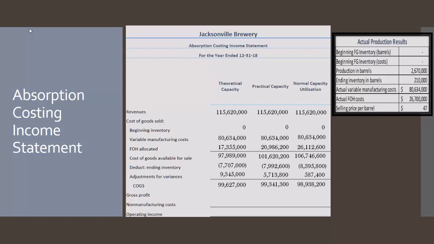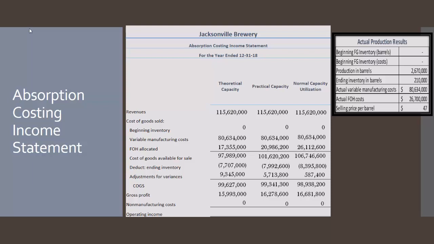Gross profit is always revenues minus COGS. So under theoretical, it's going to be $15,993,000. Under practical, $16,278,600. And under normal, $16,681,800.